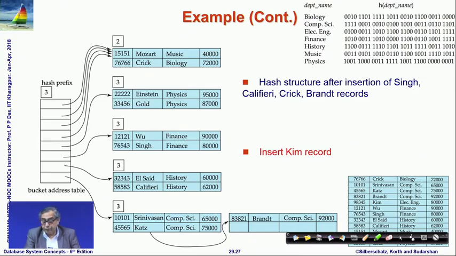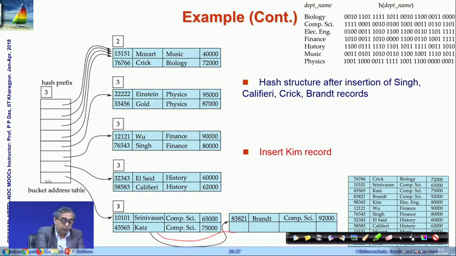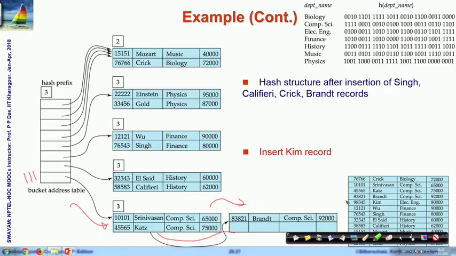So, all that you will have to do is actually do a kind of an overflow chain here as well. So, all of them are 1 1 1 here, which brings you to this, you cannot find it, you go to this, and all 1 1 1s in future will have to be chained. So, it is kind of a trade off between what is the size of the global depth, how many prefixes globally you would like to look at, what is the size of every bucket that you will have to maintain, and what is the kind of chaining that you will have to accept because of that.